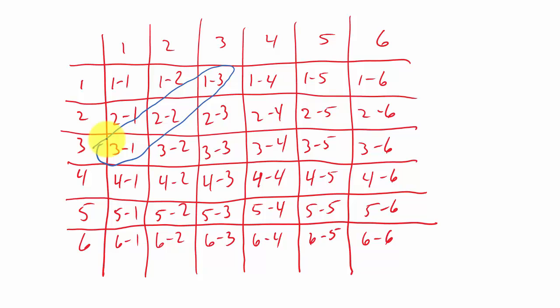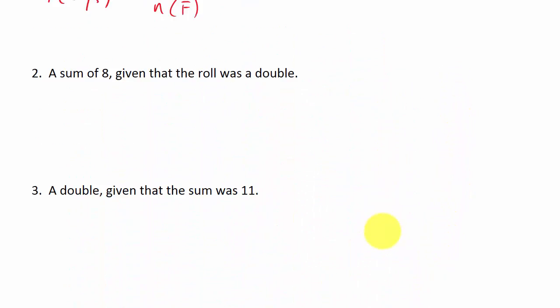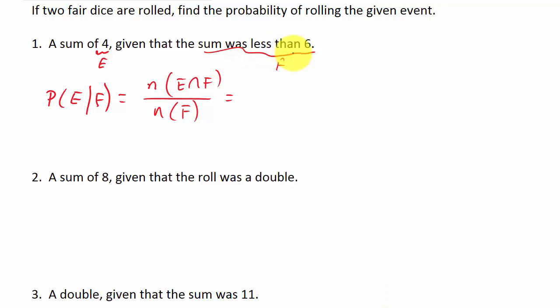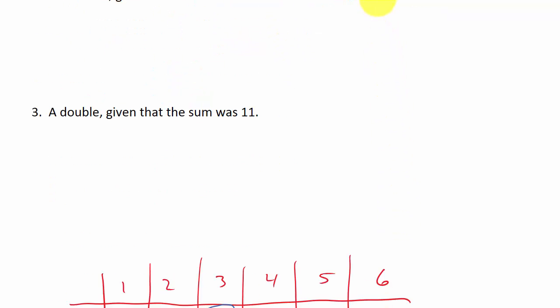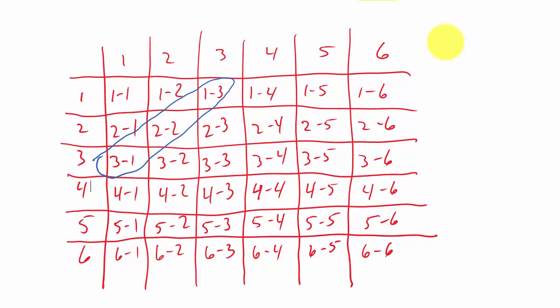Okay. Now we need the sum less than 6. That's F. So where is the sum less than 6? Well, all of these equal 6. These are less than 6, everything from here back.